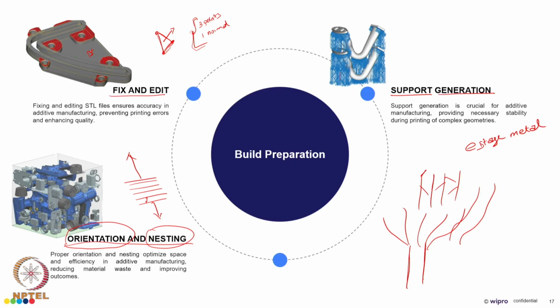which creates support structure in such a way that in the case of LPBF technology, the metal supports can be easily removed. And when it comes to orientation and nesting, softwares are capable of nesting the components inside the build volume in a very optimized way.